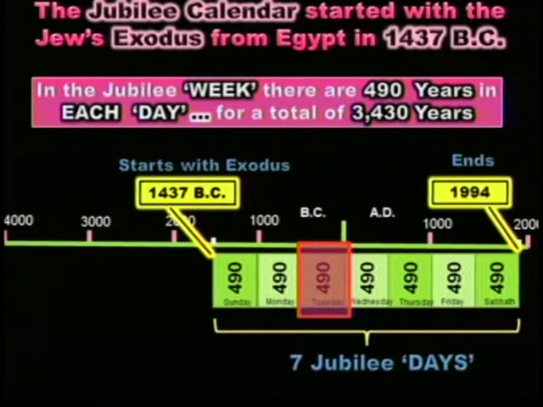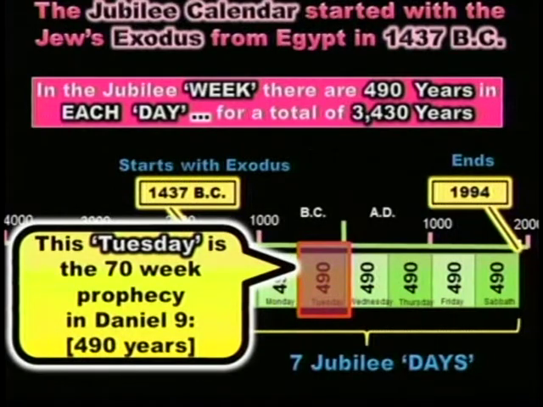See this little 490 years here? That's a Tuesday in the week of Jubilee days. This Tuesday is the 70-week prophecy in Daniel 9 of the 490 years.